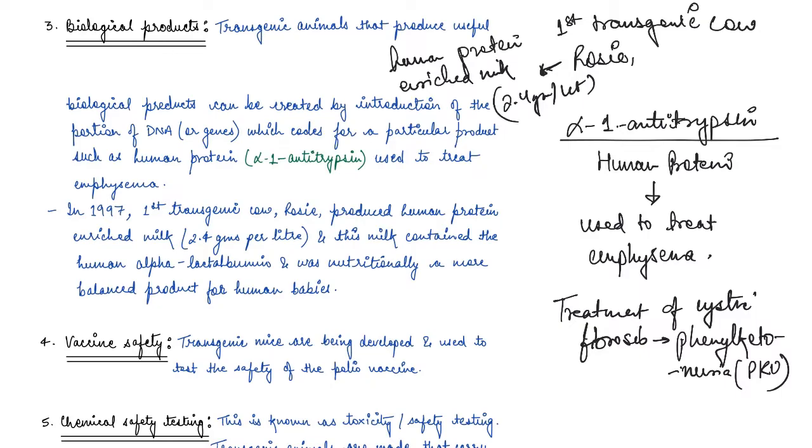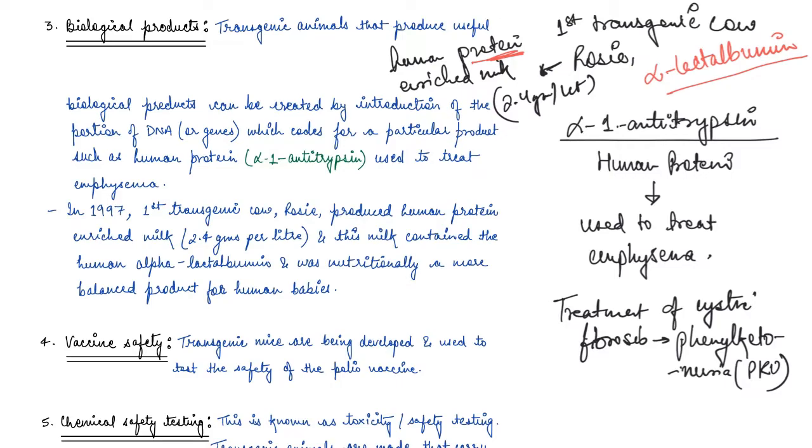So basically, the milk contained the human alpha lactalbumin. This protein is what? Alpha lactalbumin.